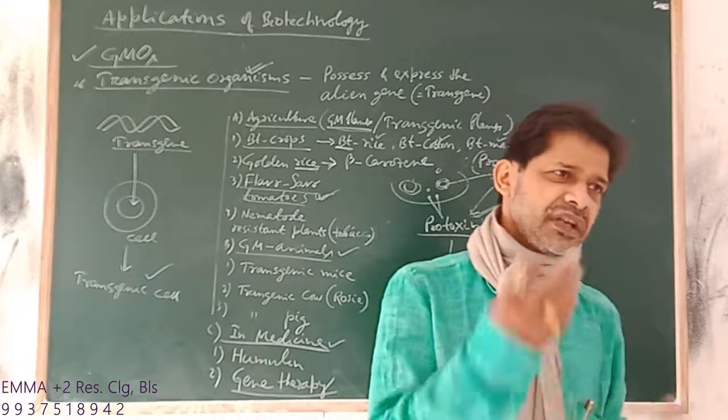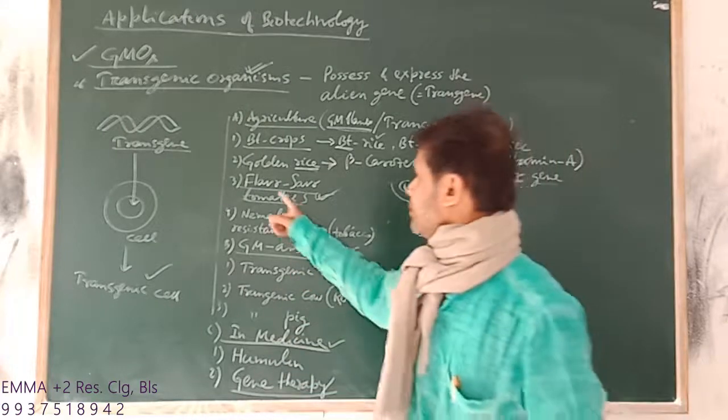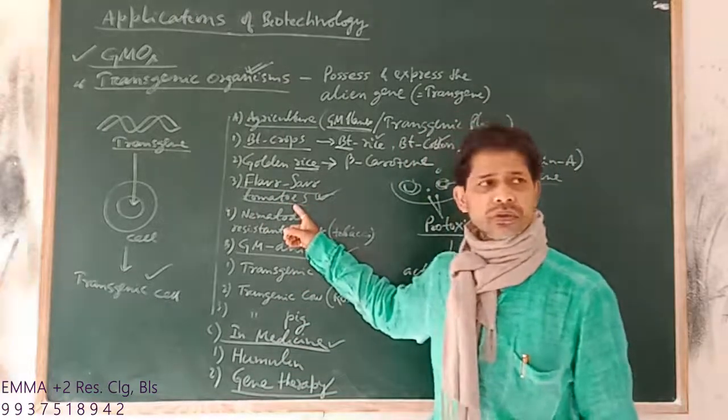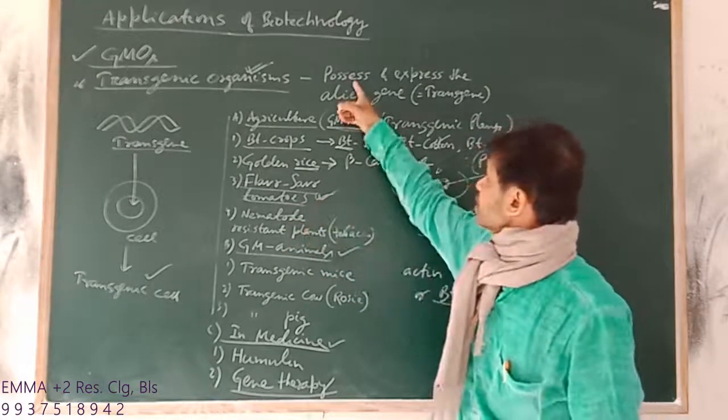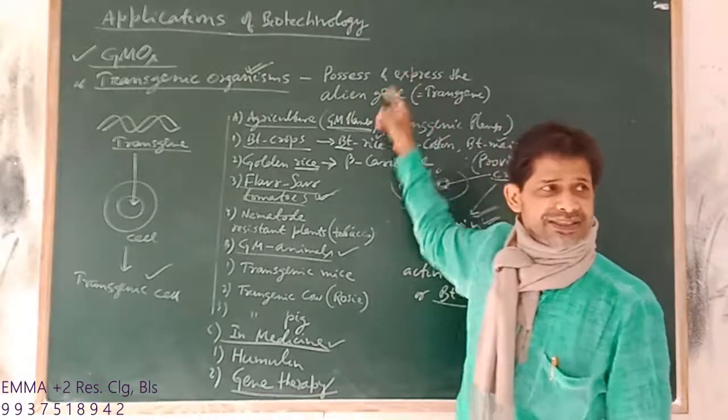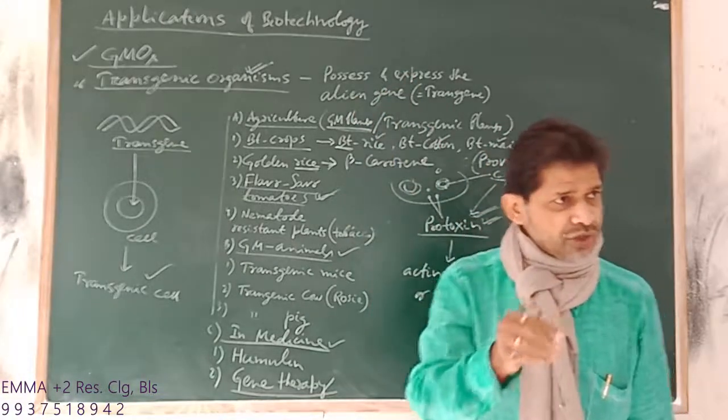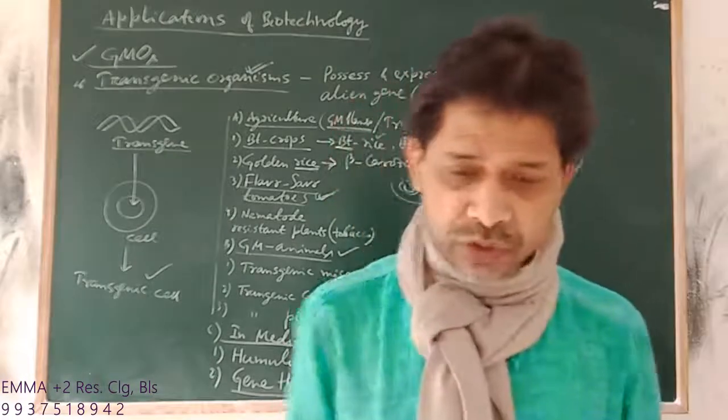That gene is a transgene. So the tomato plants are transgenic crops. They possess and express a gene that destroys the impact of polygalacturonase.